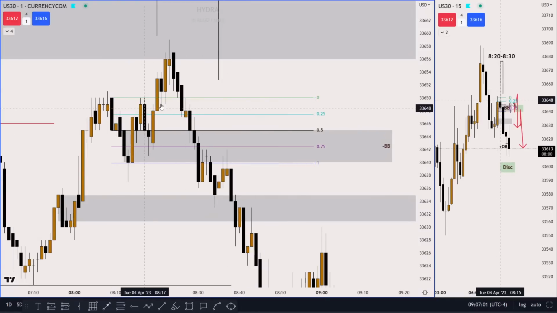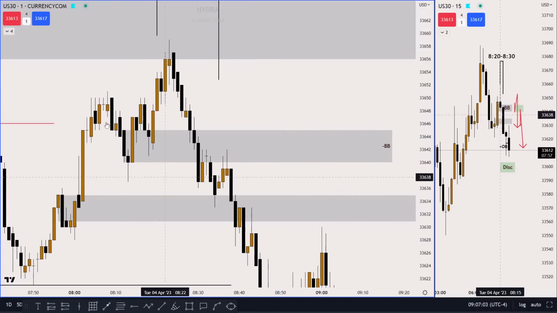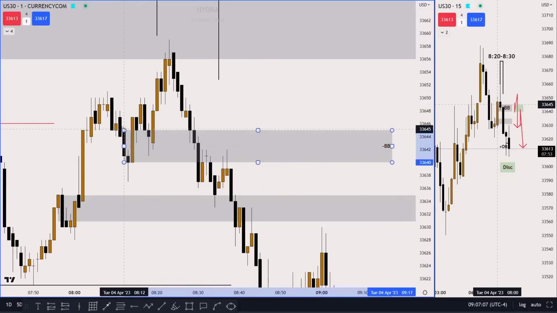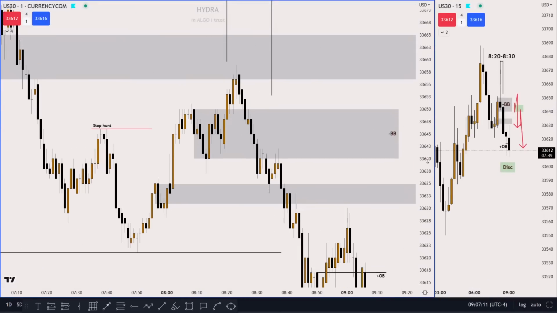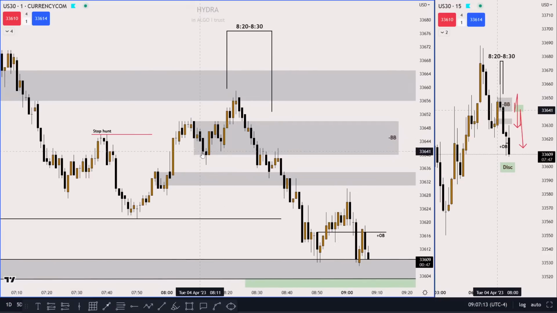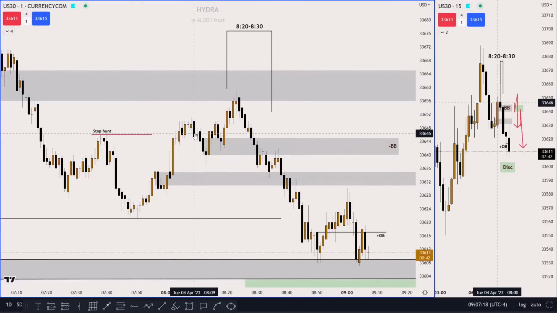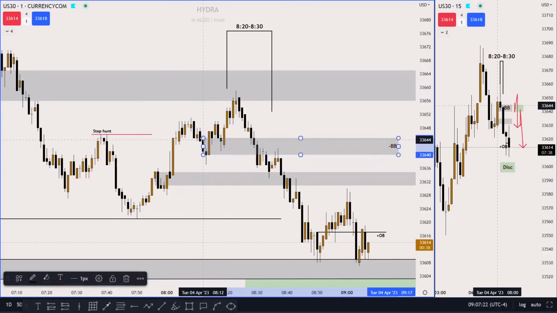This breaker block is not valid. So that's the very reason I select only two consecutive down close candles. But as I'm doing the analysis live, and as some people are learning, I'm just going to mark the whole breaker block. But just know that I personally only select the last two down close candles for precision. I seek precision, and that's how I get it.